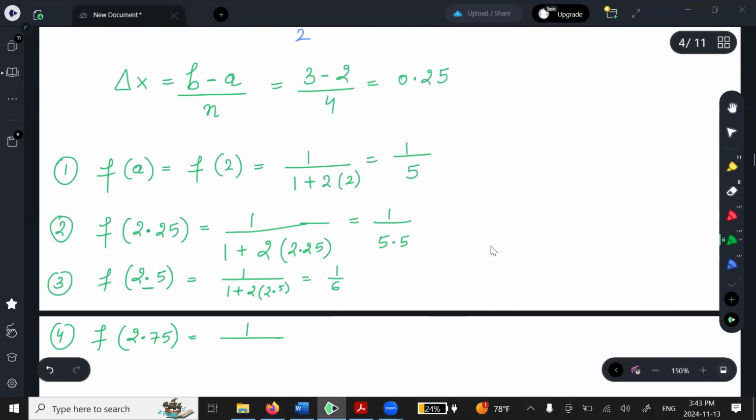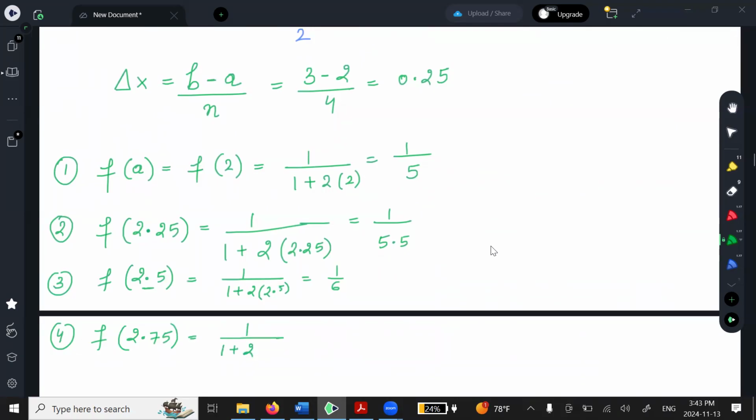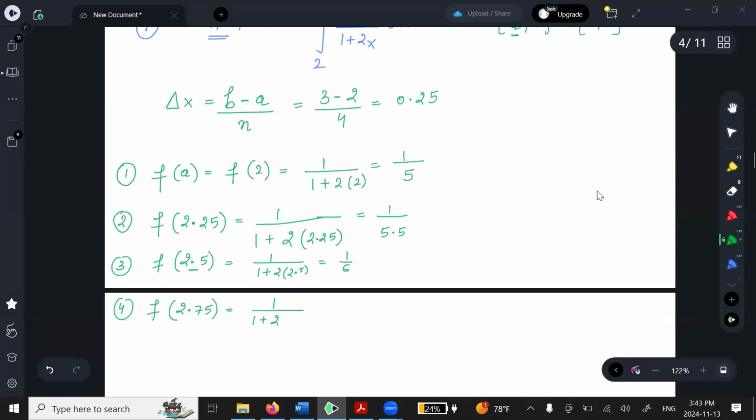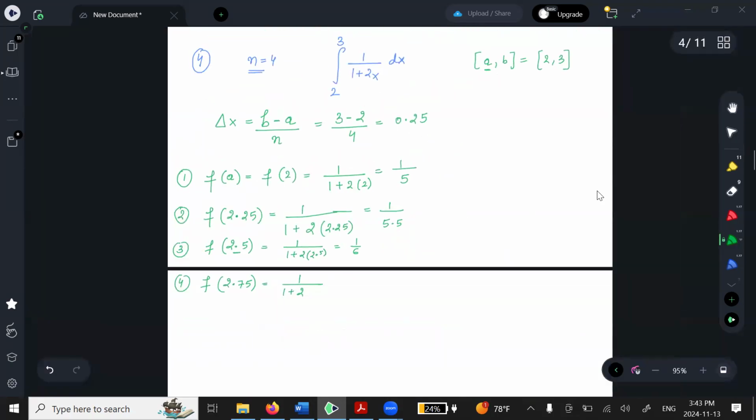Now this is not going to be difficult like U substitution, but it requires memorization. You have to remember all this. 2 times 2.75. What's the answer? And you stop here. Because I had n equals 4, I stop.